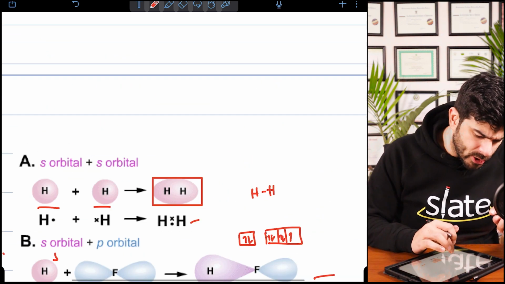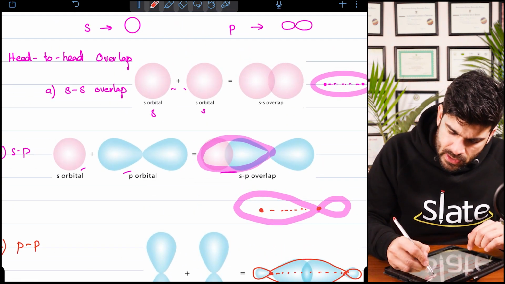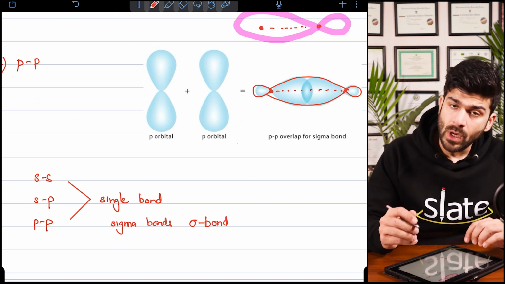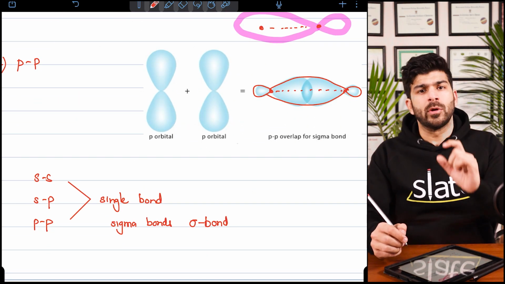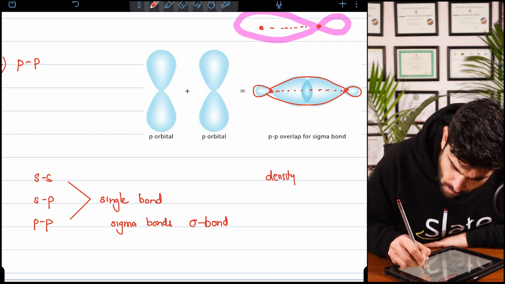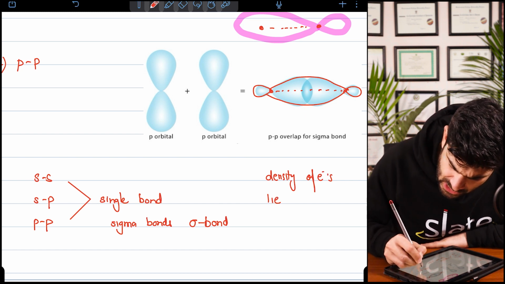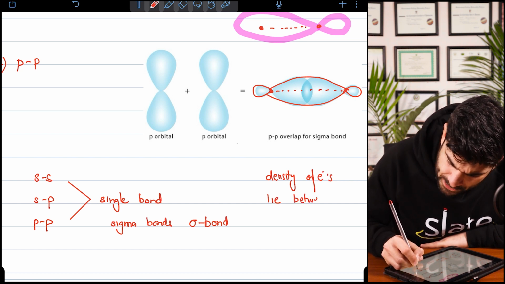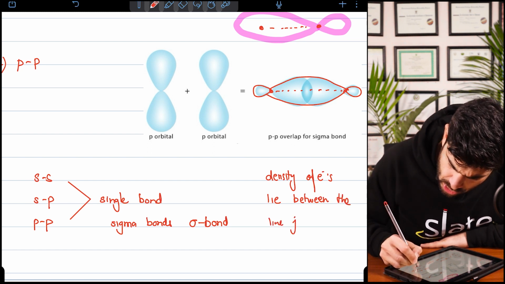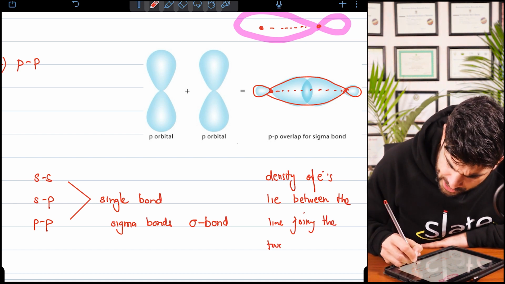We know it's HH, HF, and FF. But I made those dots. These dots are very important for the concepts. These bigger dots and then the smaller dots. Why? What do we know about that? That the density of electrons lies between the line joining the two nuclei.